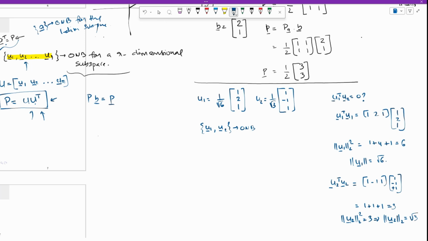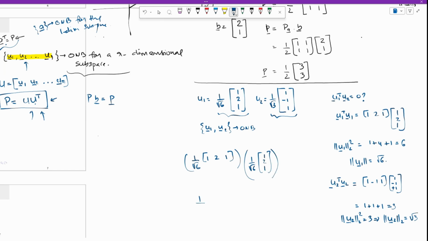If you're not sure that these still have length 1, you do it again. Compute the inner product of each of these vectors with itself. It will be 1 by root 6, 1, 2, 1, multiplied by 1 by root 6, 1, 2, 1.